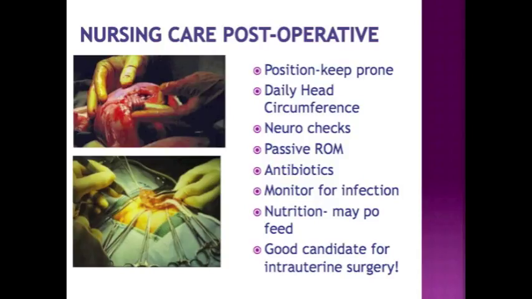We're going to do neuro checks on them and neurovascular checks, making sure that once they close the back, you still have those little feet and toes, that they are warm and have good cap refill in them. The neuro checks, of course, will be the usual, as far as checking pupils and those sorts of things. We continue with our passive range of motion and working on those lower extremities.